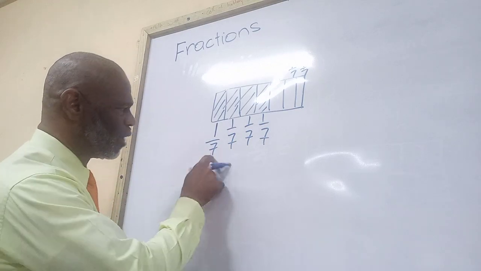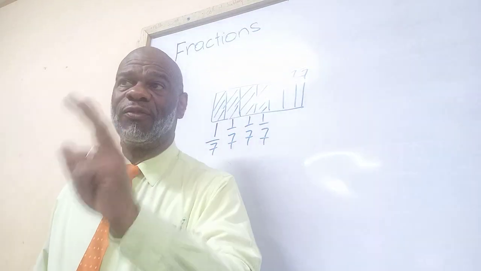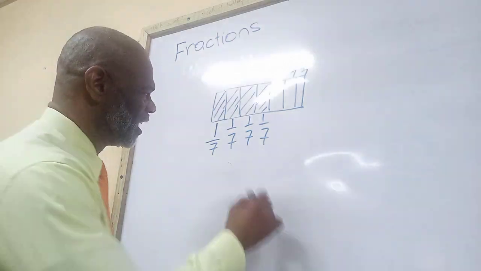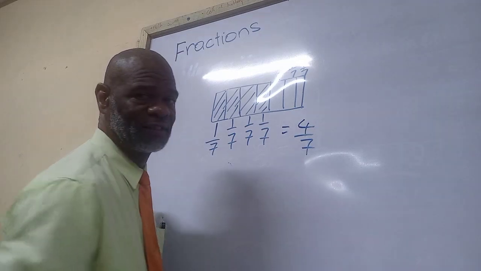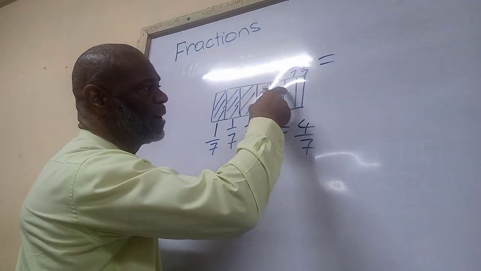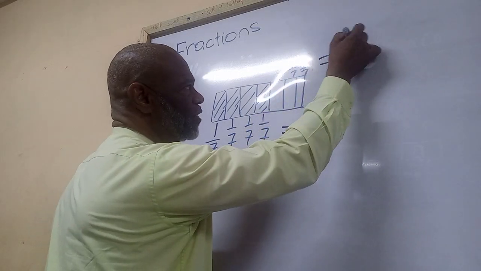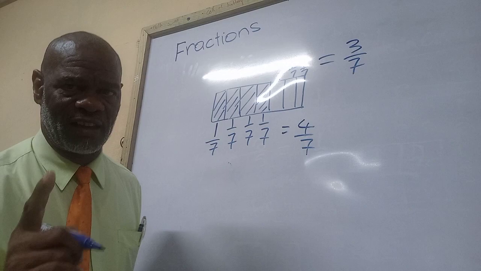We can count them: 1, 2, 3, 4. So what fraction would that be? 4 out of 7, and we say that's 4/7. Same thing for here. We have 3 parts unshaded, so that would be 3/7 or 3 out of 7.